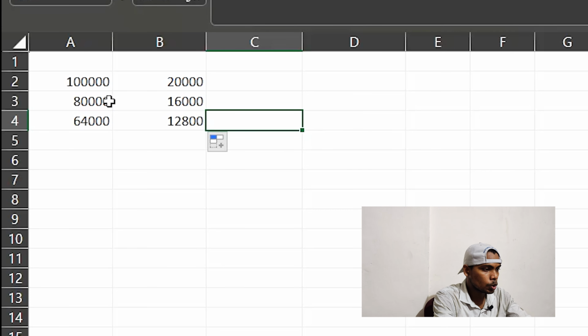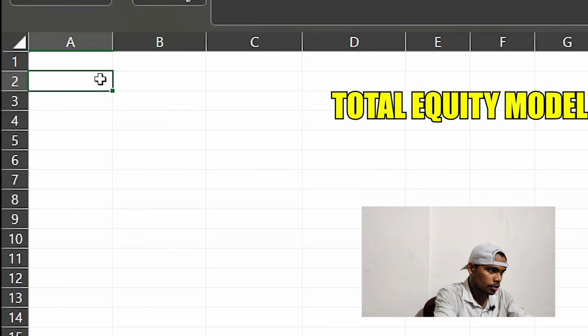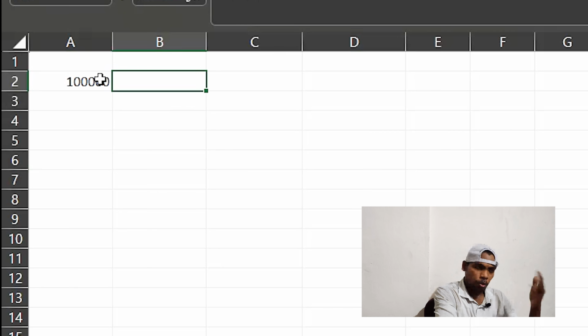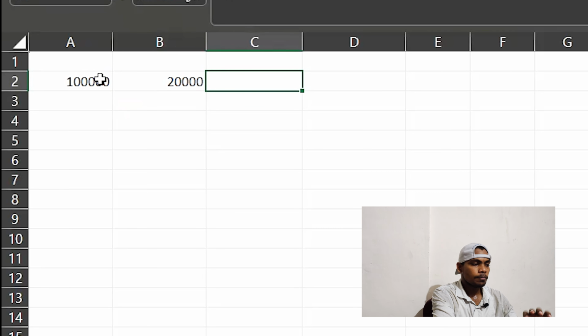So let's move on to the next one, the total equity model. Okay, it all starts with the 1 lakh capital and 20% position sizing. Let's take that. The first capital is gone, 20,000 is gone. Now the trade is working out and the position is running. The P&L fluctuates daily.